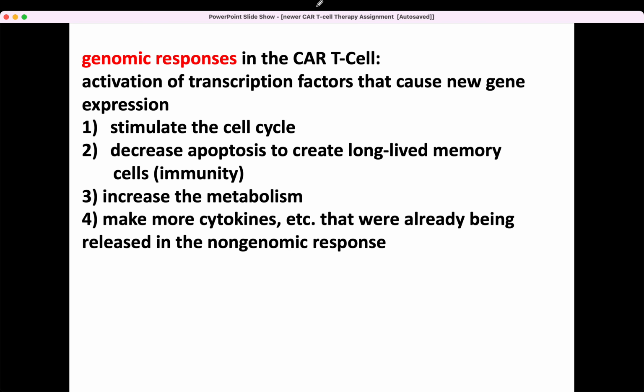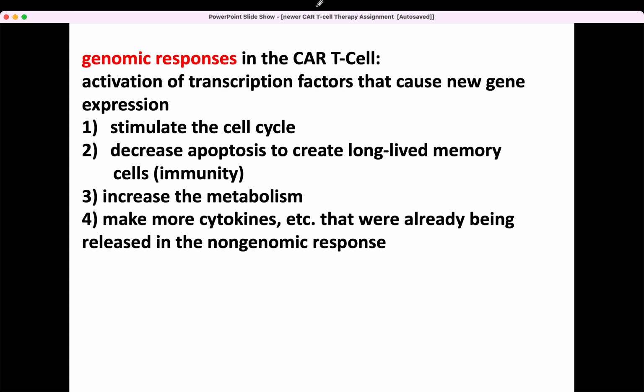Yeah. So then genomic responses, right? So those are really beautiful non-genomic responses because they make sense. Let's wrap around this cell. Let's release other factors to help other cells get involved, right? It's kind of at the front end. Let's go. It happens fast, and that's a good example for non-genomic responses.